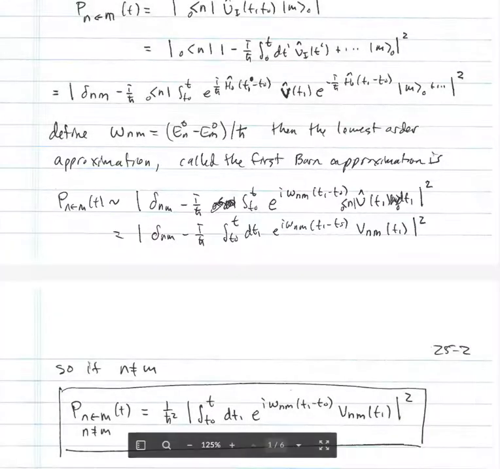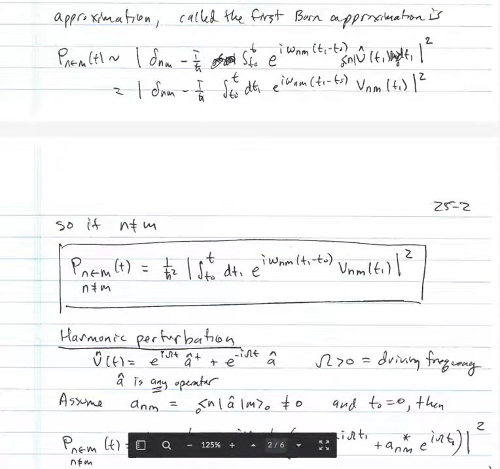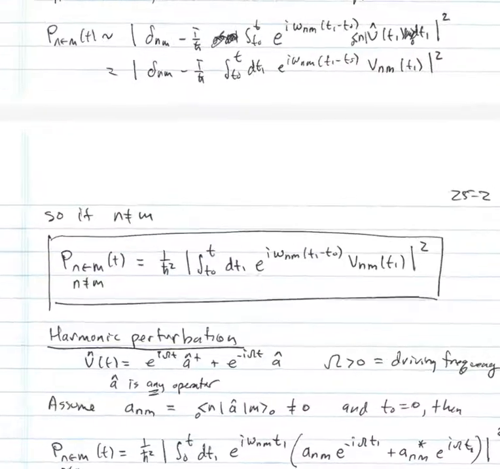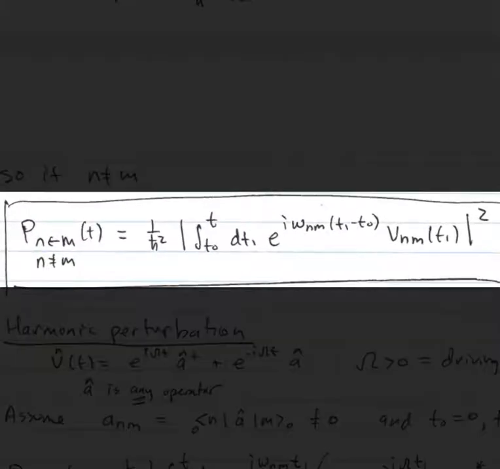Now, one of the things we're most interested in calculating is the probability to make a transition from one state to another state. So if my final state is not equal to the initial state, I'm not calculating the probability to stay in the state, I'm only calculating the probability to make a transition to the next state, then the lowest order expression will be 1 over h bar squared, integral from t0 to t dt1, e to the i omega_nm (t1 minus t0), the matrix element V_nm of t1.